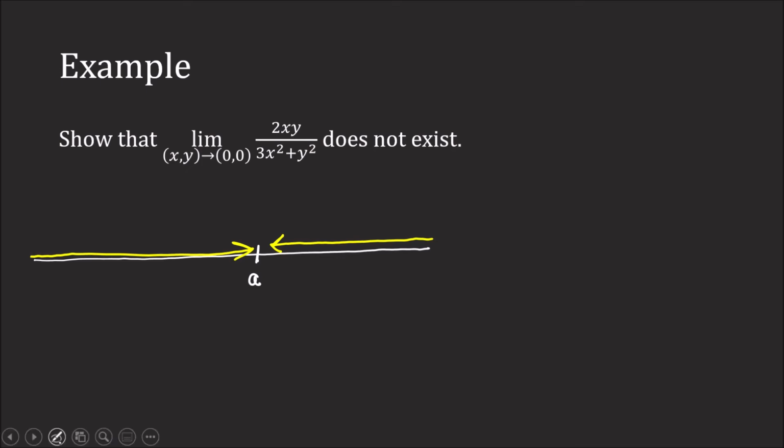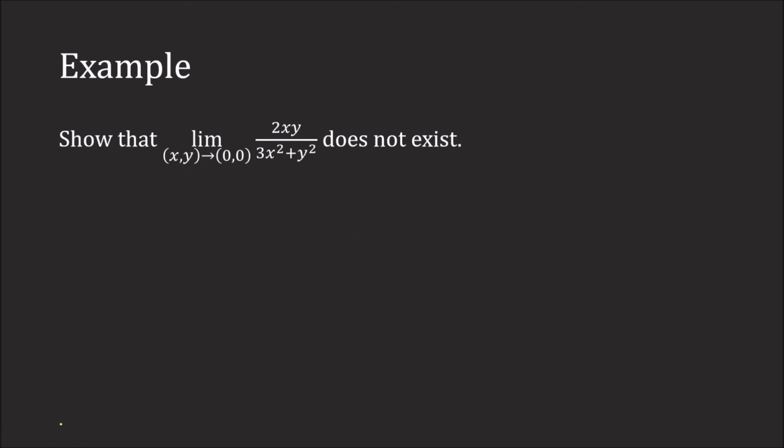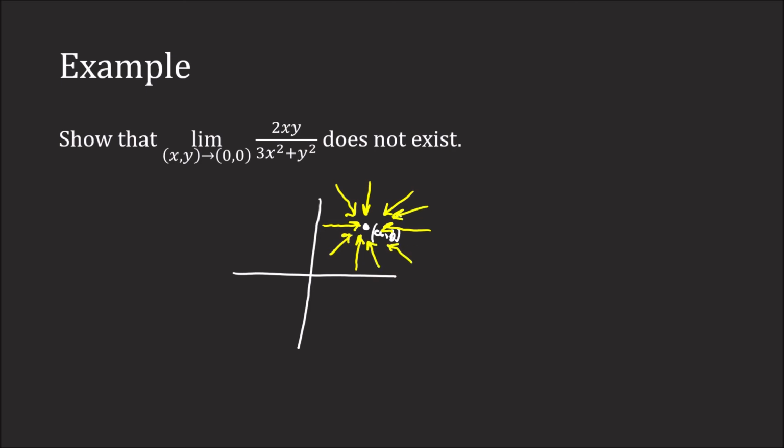The same is not true when dealing with multivariate, because now we have a region. So let's say this is our point AB that we're trying to approach. Well, how can we approach it? We can come in from above, from below, from the left, from the right, and in all these diagonals. We can come in this way, we can come in that way.